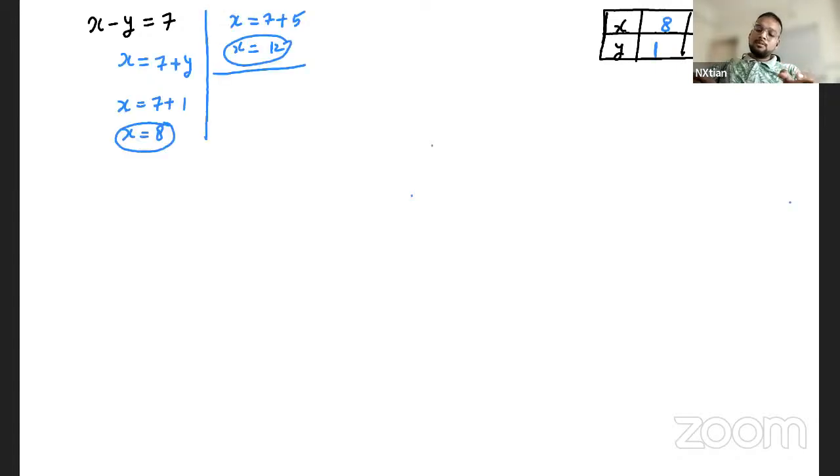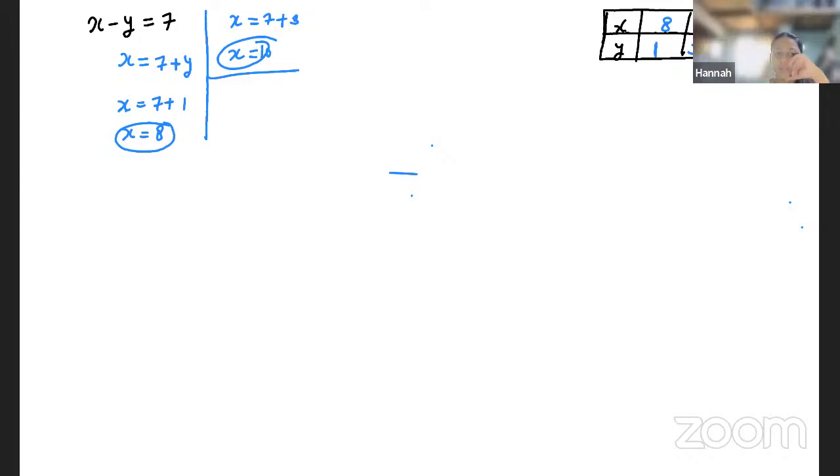So yeah, can I take 3 so that it becomes 12? I mean, it will become 10. Yeah, so it will become 10. Next part, minus 5, no, minus 3 you said, no?